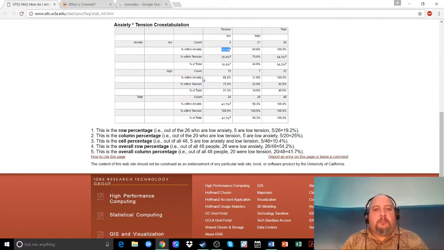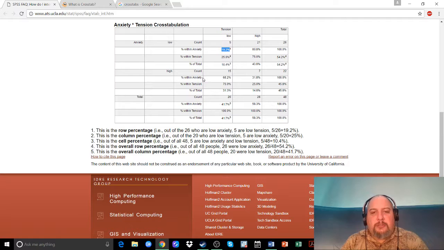I discuss crosstab tables in relationship to the association between the two variables. That's how I typically want to discuss it. Why? Well, noticing that 5 of the 26 people with low anxiety also have low tension, hey, that's an interesting point, but is that something up for discussion?